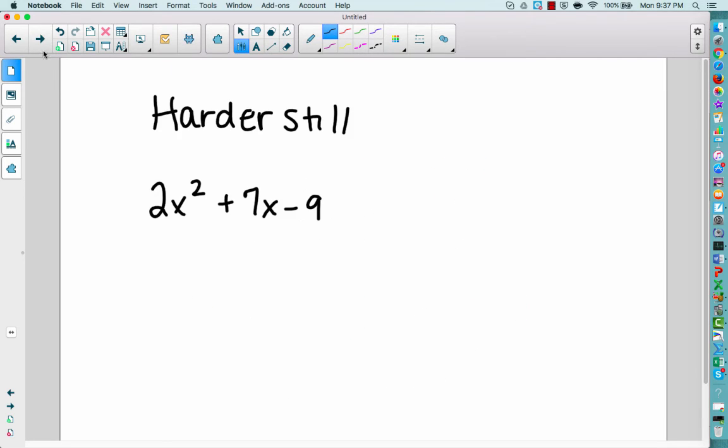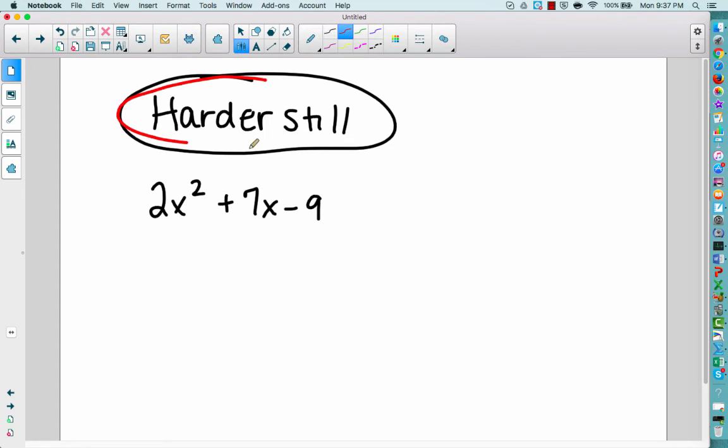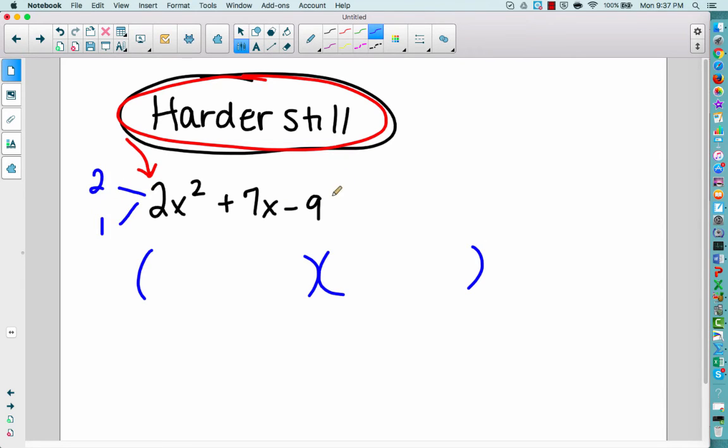All right, last but not least, the harder ones. The harder ones are when that coefficient in front of the x squared is not a 1, okay? If it's not a 1, the rules kind of change. All right, so this was when I said you make your two binomials, but now we've got to look at the factors of 2, which are 2 and 1, and 9, which are 9 and 1 and 3 and 3.